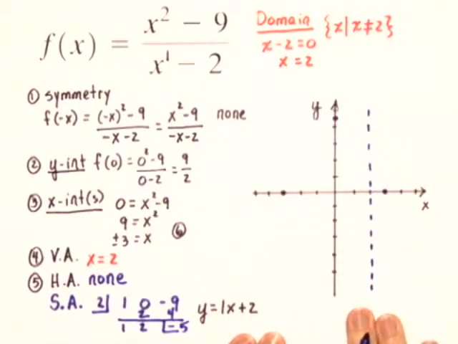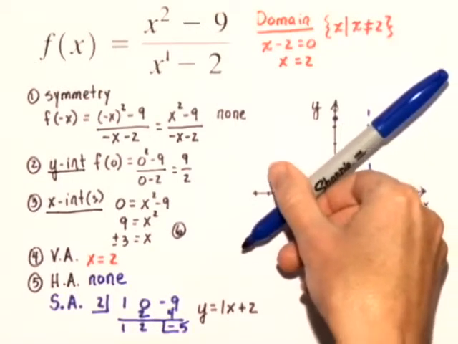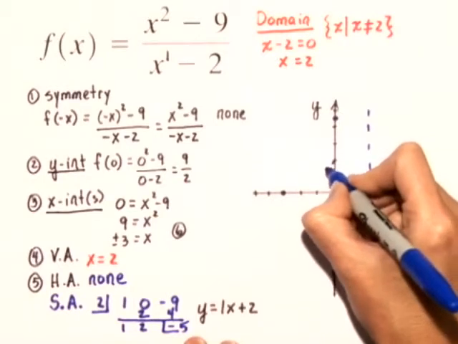We know there's no symmetry, but we also know that we have a slant asymptote that is the line y equals x plus 2. So that's simply just like the line y equals x, shifted up 2 units.